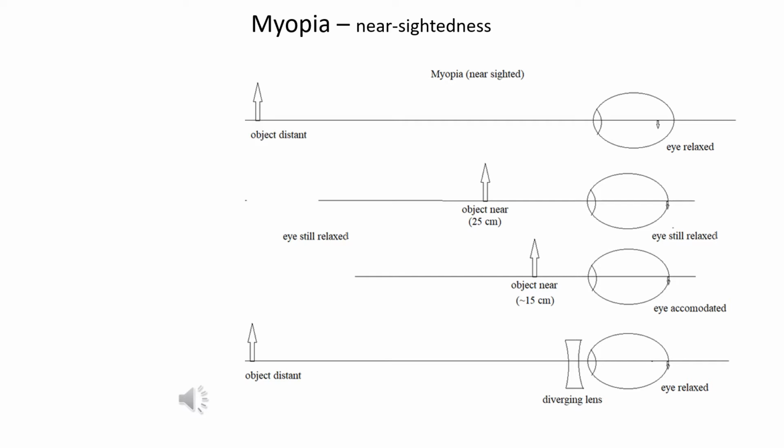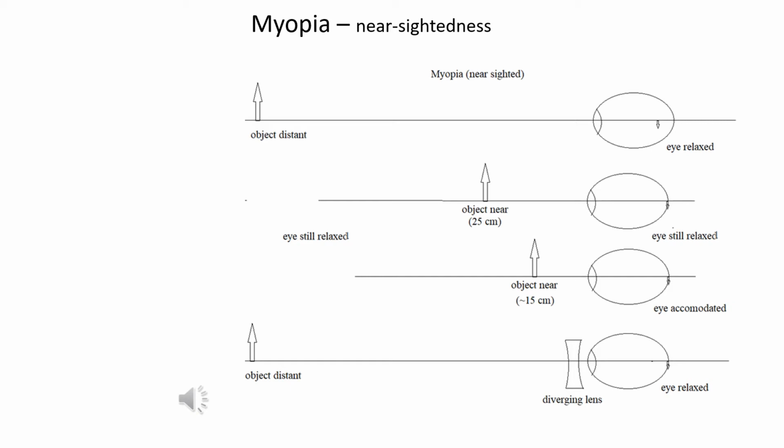Now, if you bring the object in the second picture closer, like to 25 centimeters, notice that the image moves farther out. Now the image is on the back of the eye, on the retina, and the eye isn't even accommodated. It's still relaxed. So that person can easily see things at the normal near point of 25 centimeters.